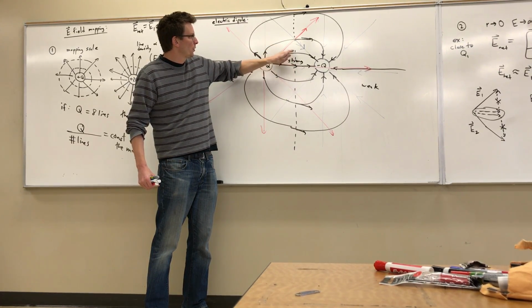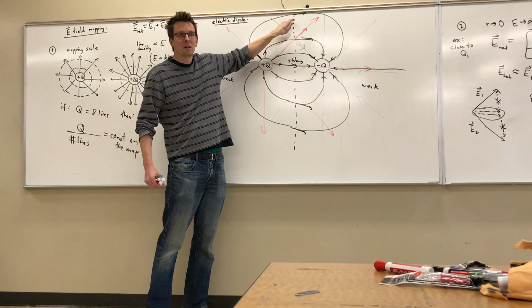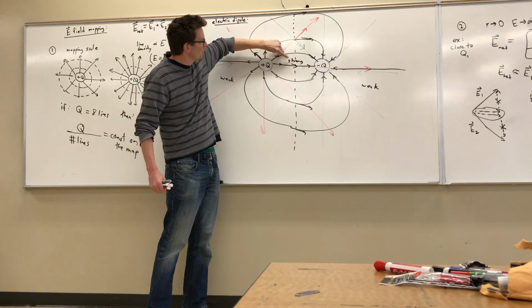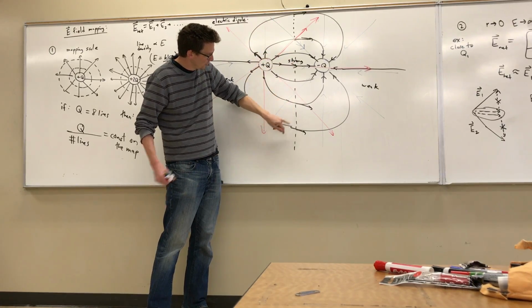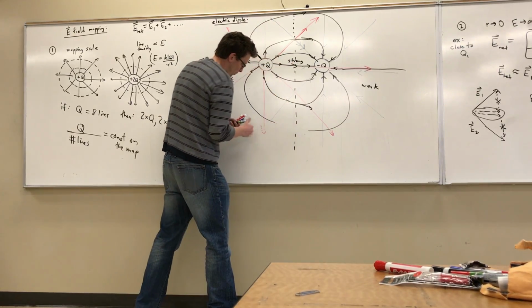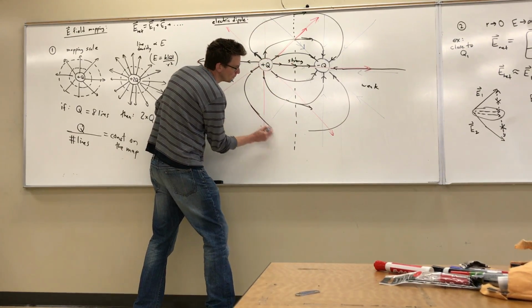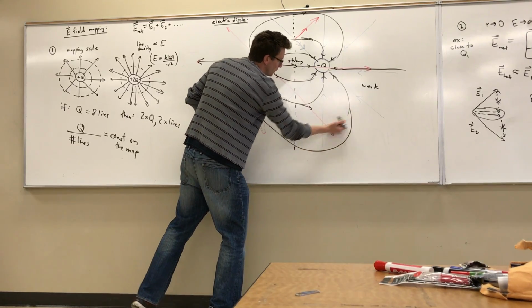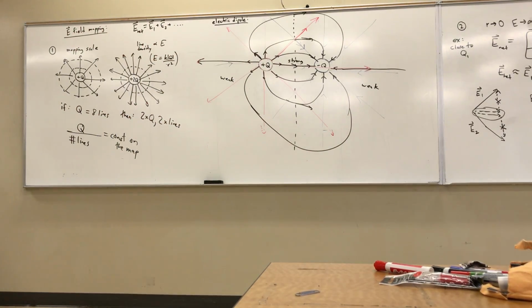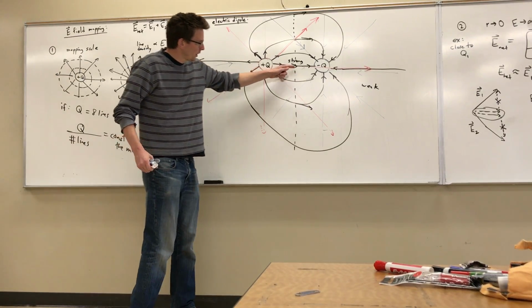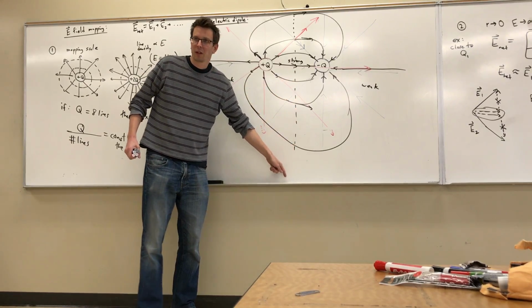Going out this way, the field should weaken, right? We already said that, and I think the field lines have gotten further apart, at least this side. Here, I think it's not quite as well. Should have drawn it more like this. There. So I have the field lines getting further apart as I move outward along the perpendicular bisector. Okay?